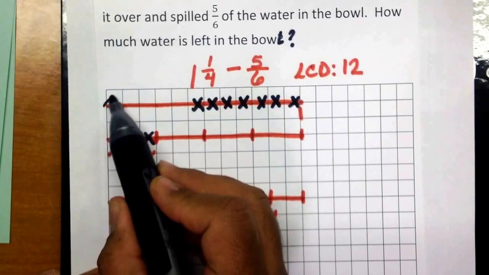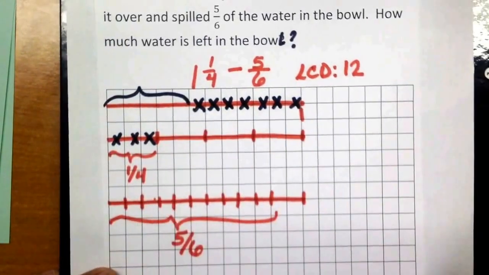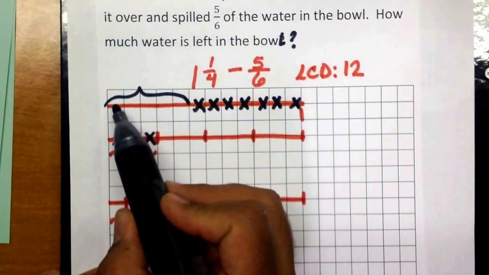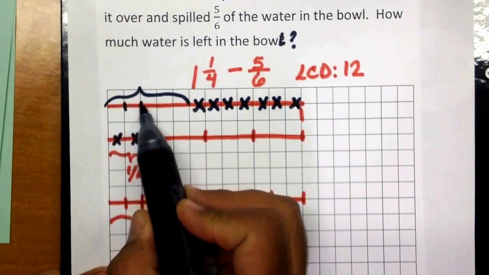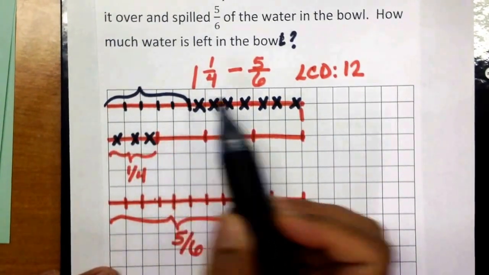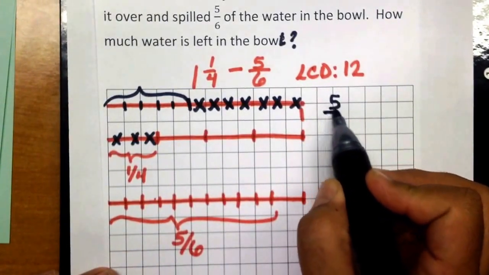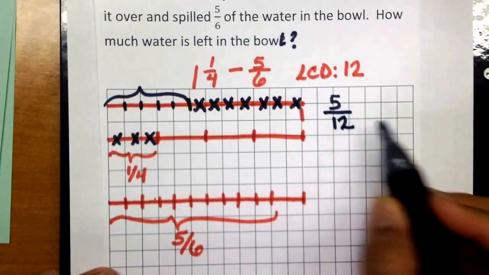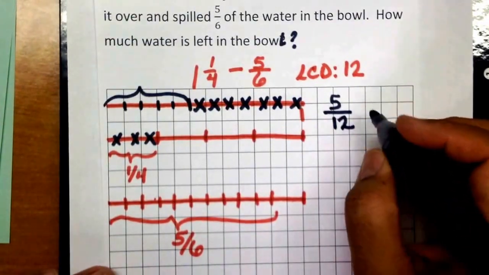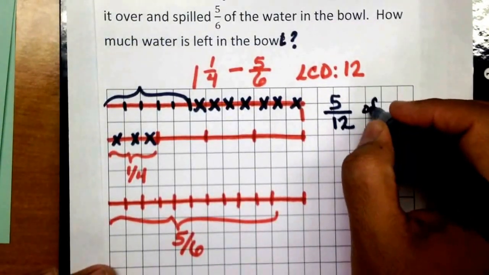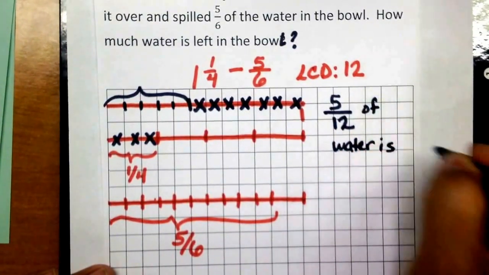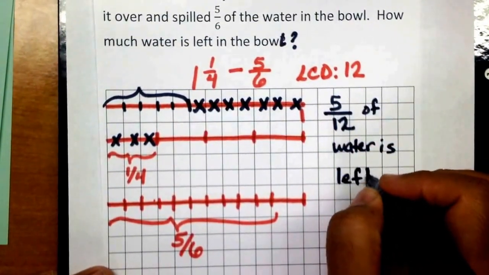What's left over is what was left in the bowl. 1, 2, 3, 4, 5. There's a total of 12. So 5/12 of the water is left.